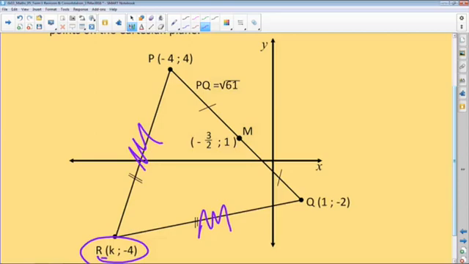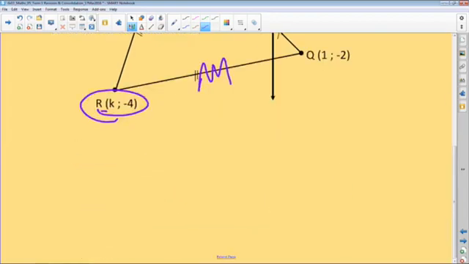All right, so what's going to be easy to do is to work out the distance of PR and compare it with the distance of QR. So now let's just quickly see how we start this off.